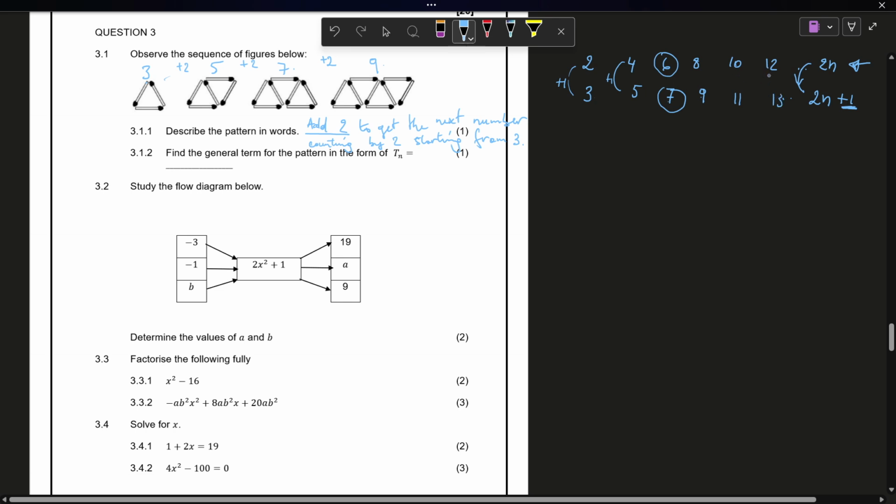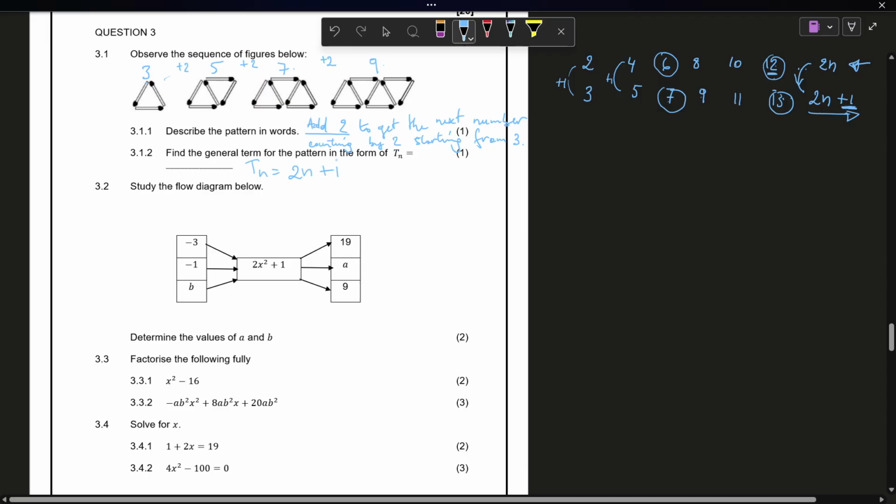So from the first line to the other line, the difference is that we just add 1 to what we have here. So this will be the general term. The general term, Tn, will be counting by 2, so it's 2n, and then plus 1.